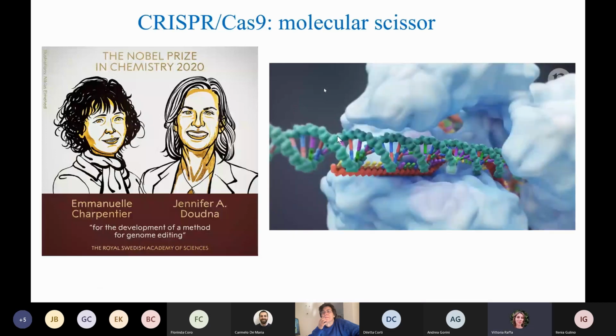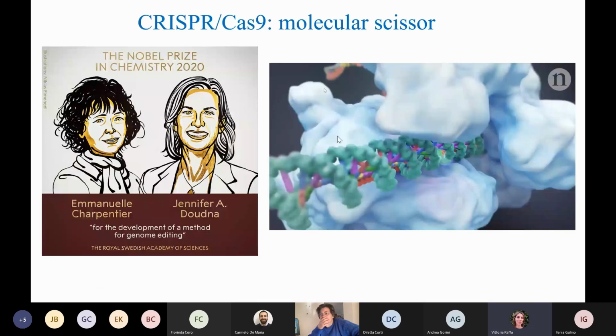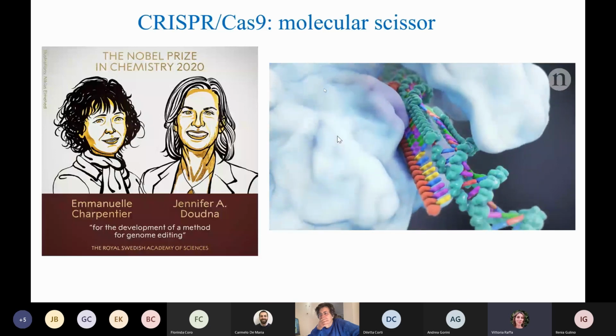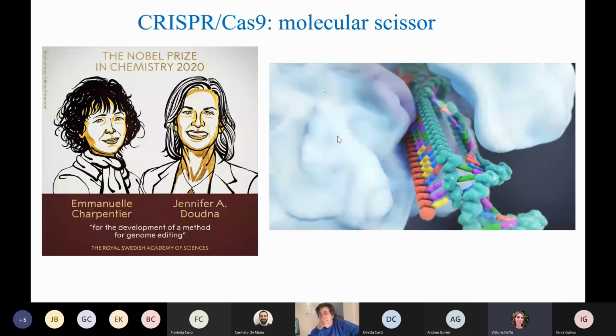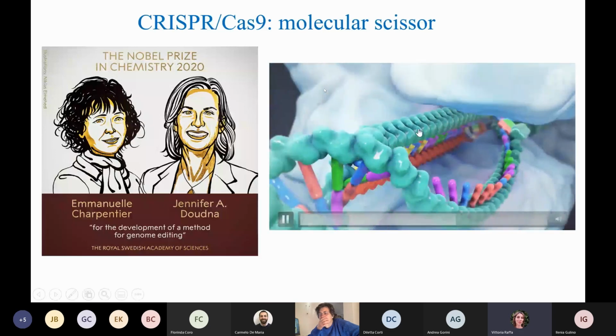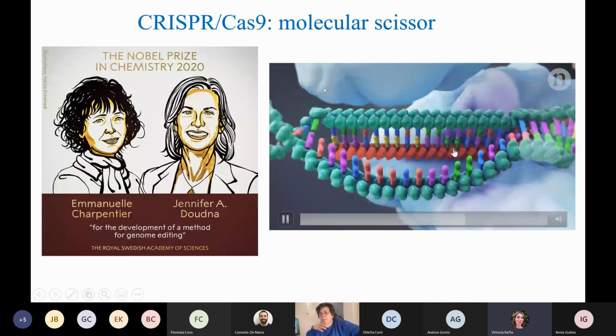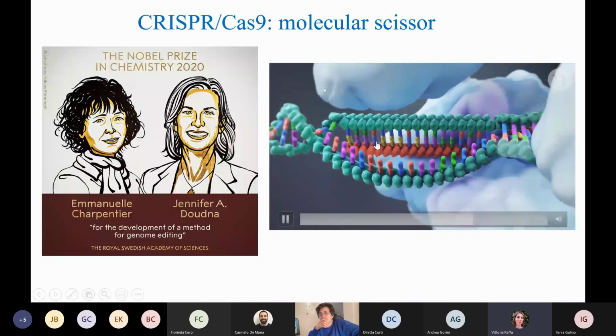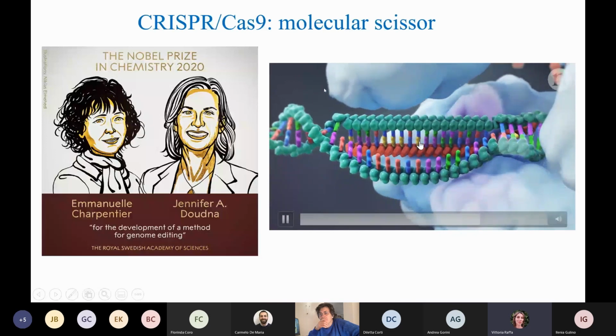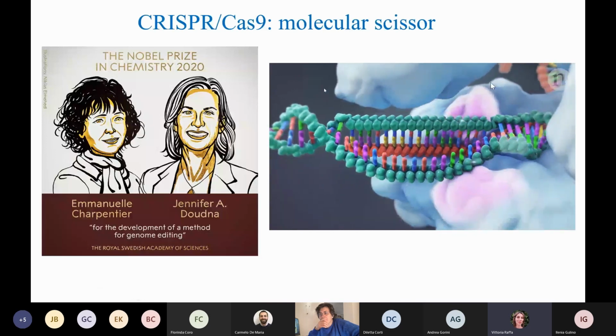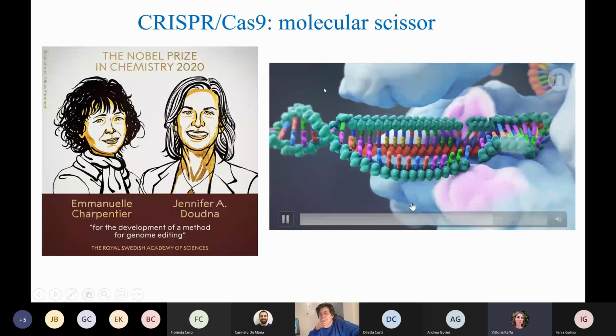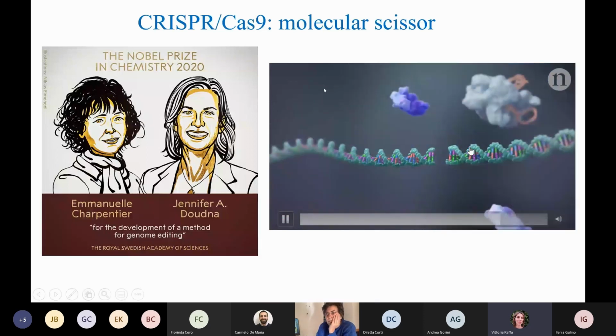And what you can see here is that the enzyme is unwinding the DNA double helix. Then one strand of the DNA is pairing to the guide RNA. And when the perfect pairing is happening, this activates the nuclease activity. You see, the enzyme cuts the DNA.